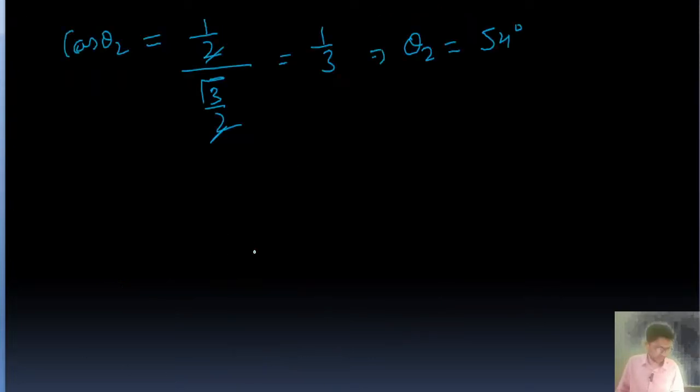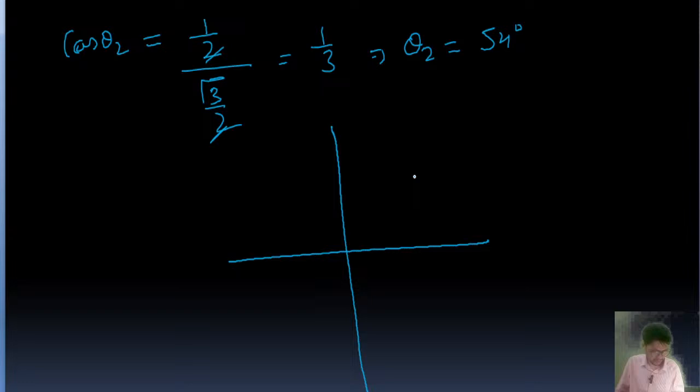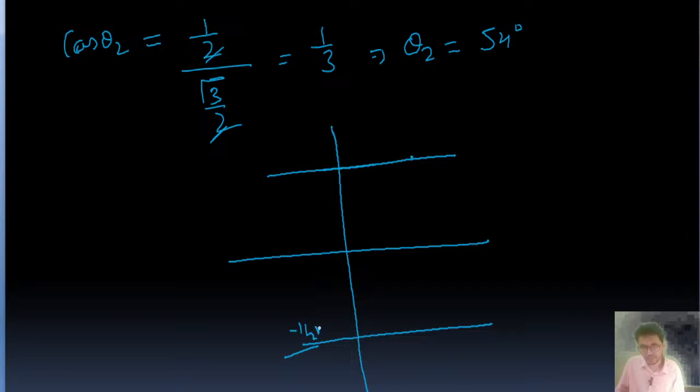Right, so we can now make a figure for space quantization like this. Okay, so this is minus half m h cut, and this is plus half m h cut, right?